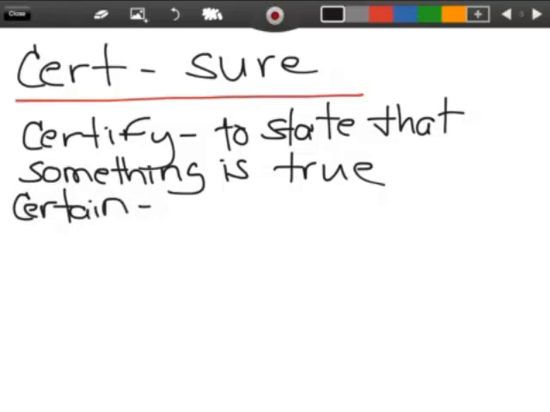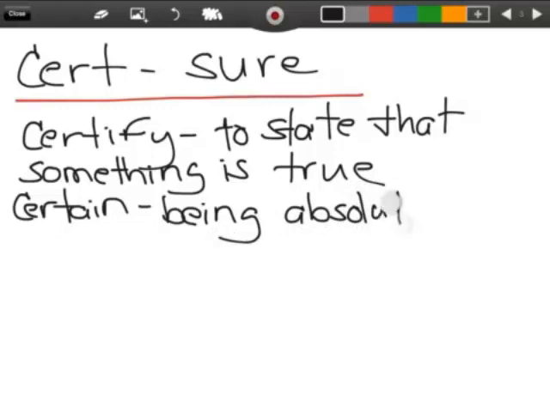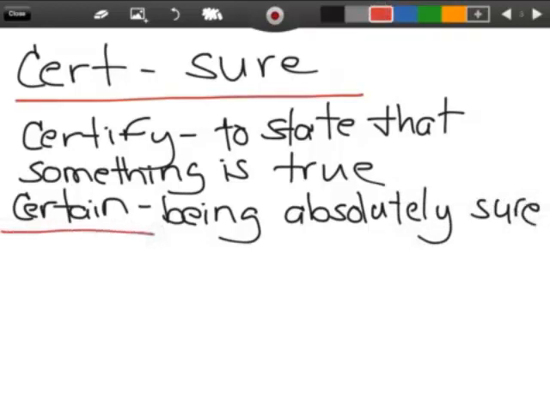And my second example that is commonly used is the word certain. And the meaning of that is being absolutely sure. I'm going to go ahead and use this in a sentence, and I'm going to pick this word right here, certain. I'm going to put it in a small box so you can see.